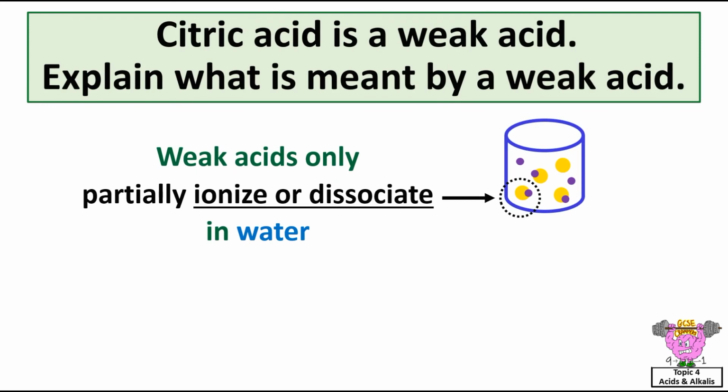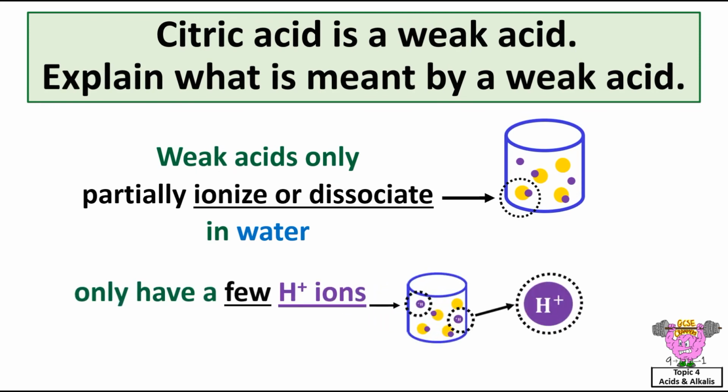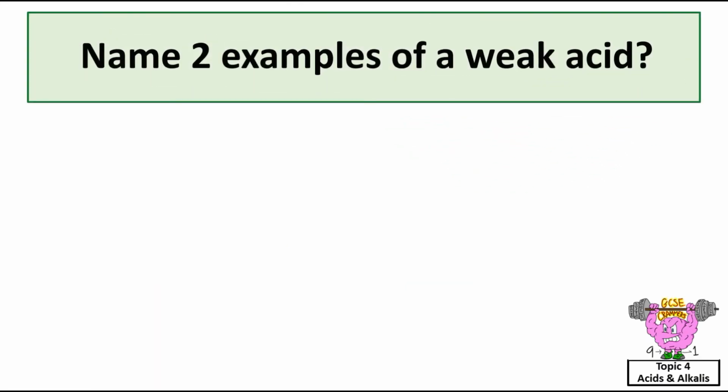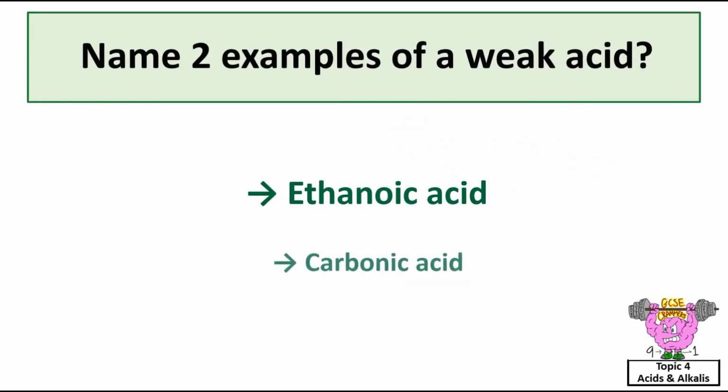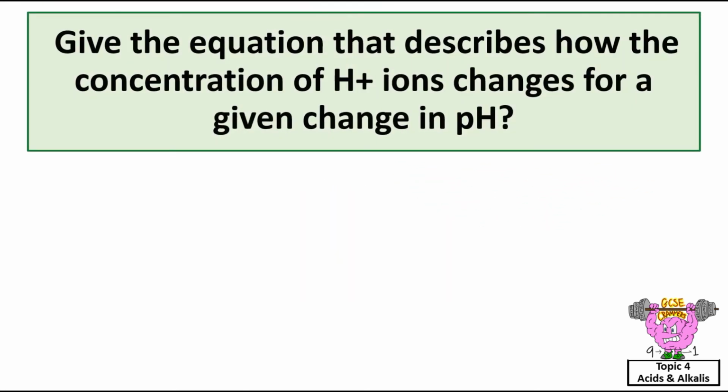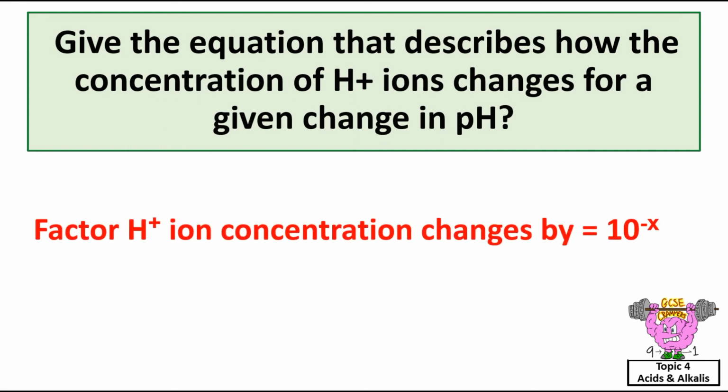Weak acids only partially ionize or dissociate in water and only have a few H plus ions. Name 2 examples of a weak acid: ethanoic acid and carbonic acid. Give the equation that describes how the concentration of H plus ions changes for a given change in pH. Factor H plus ion concentration changes by 10 to the power of minus x.